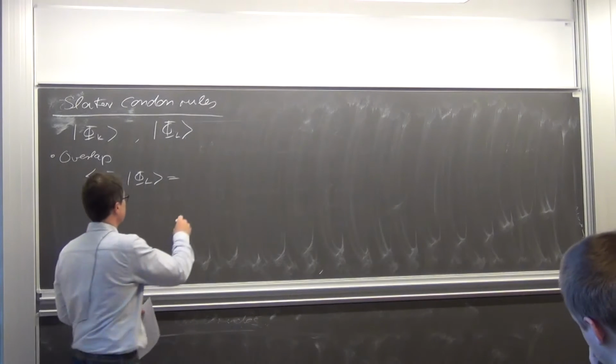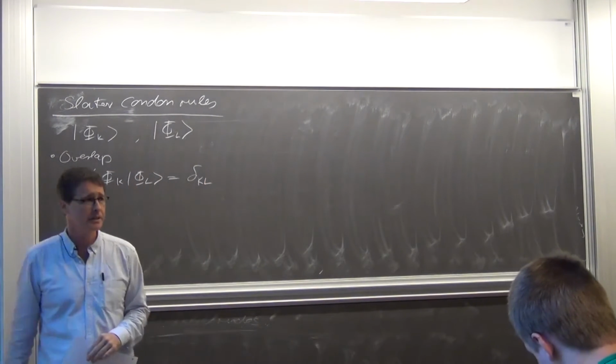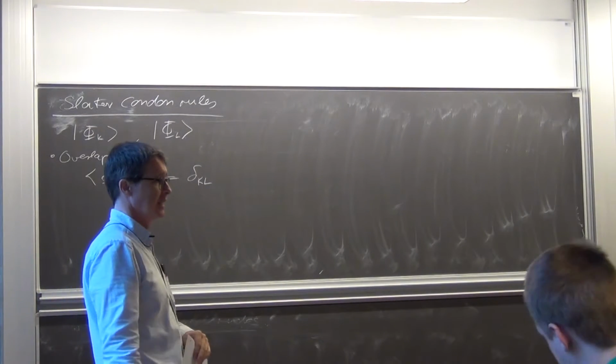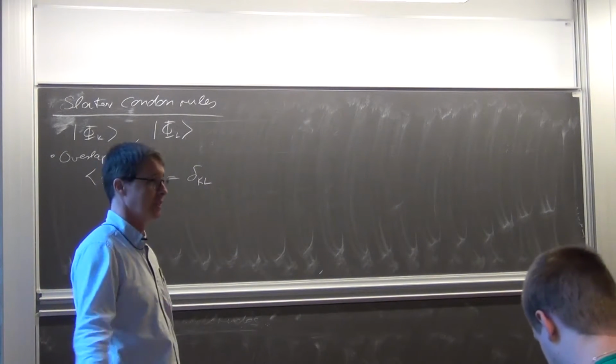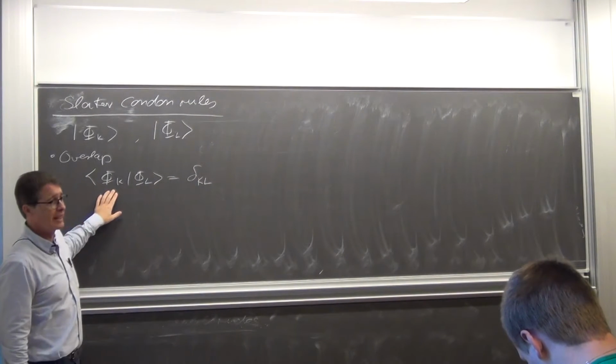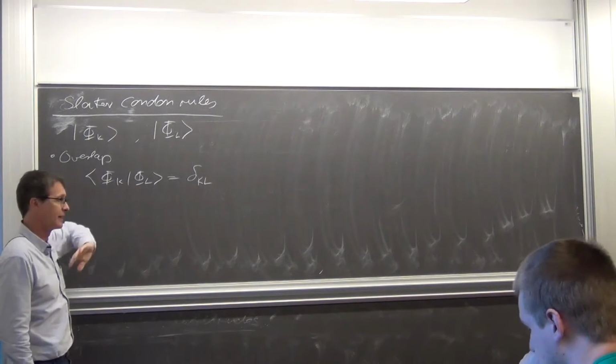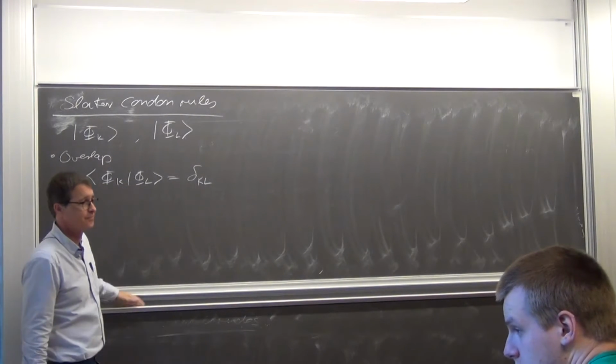So the overlap is very, very simple. It is equal to 1 if it's the same determinant, and it's equal to 0 if it's two different determinants. Which means if there's only a difference in one orbital, so one is Hartree-Fock, the other one is singly excited, that's it, that's 0.